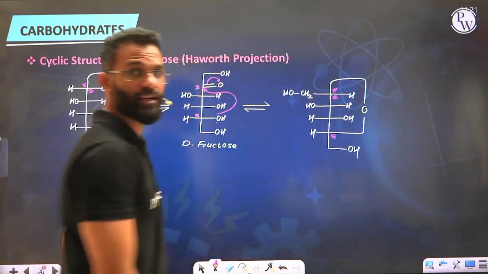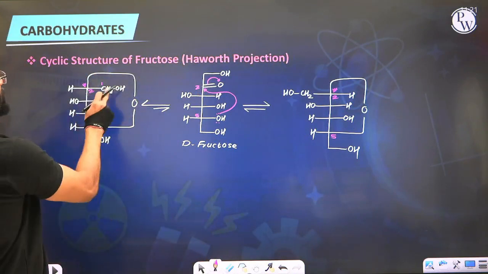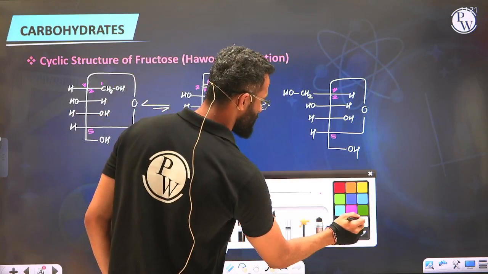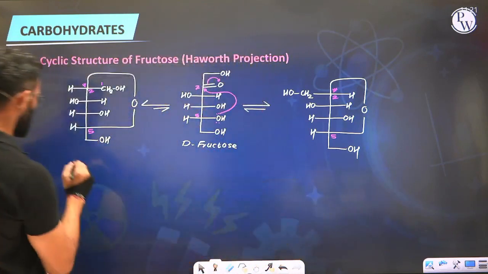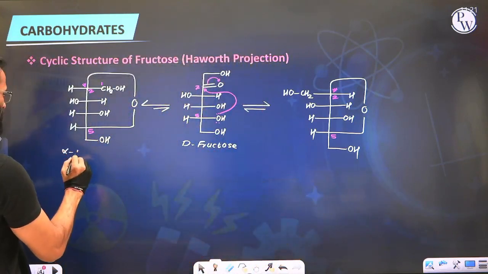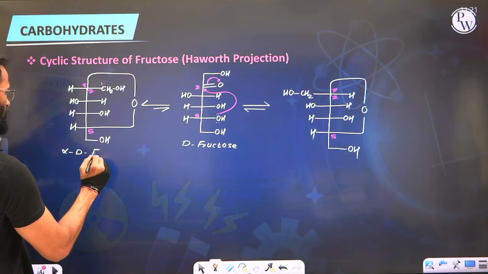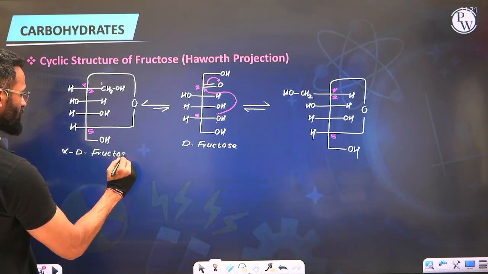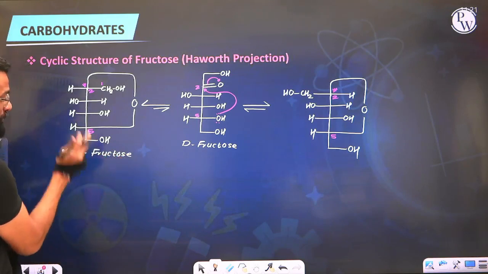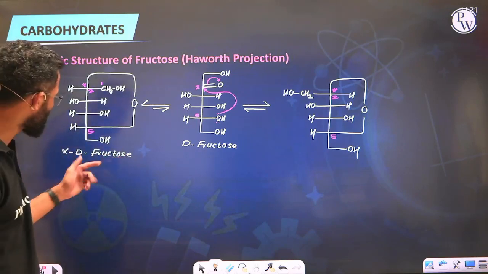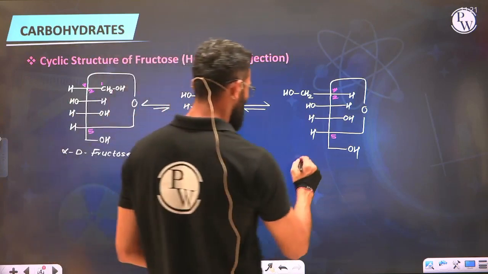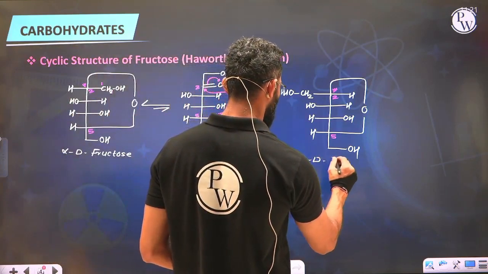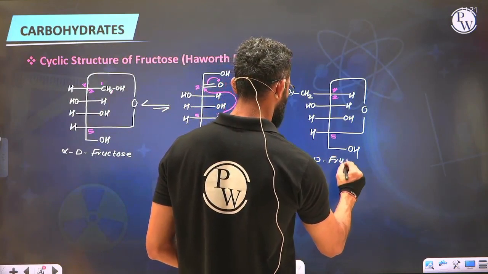So just like we did earlier, if you are putting CH2OH to the right in this Fischer projection, we will call it alpha. So this will be called alpha-D-fructose. But not to forget, naturally occurring fructose is levorotatory. So just like we were mentioning plus in the case of glucose, we are going to put minus in the case of fructose. This will be called beta-D-fructose.